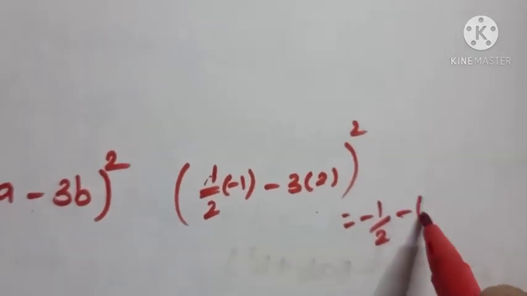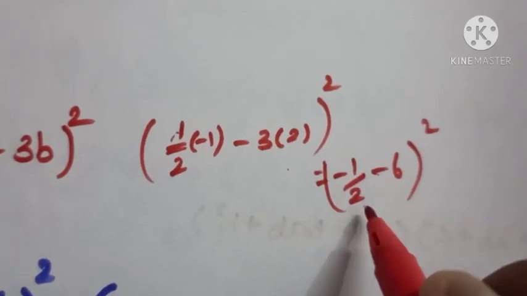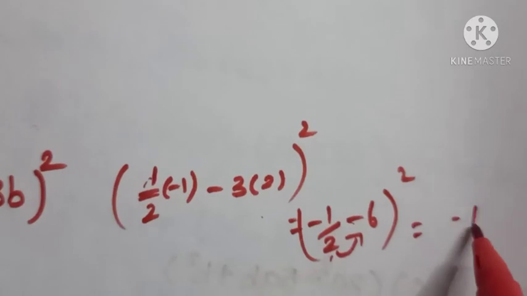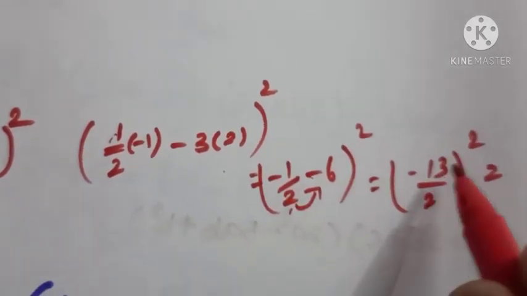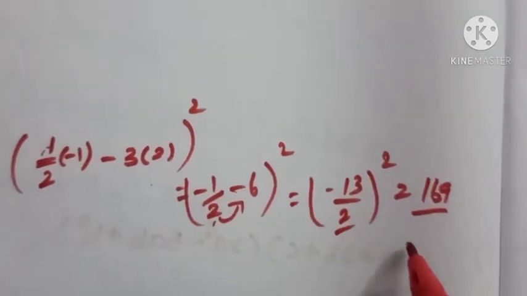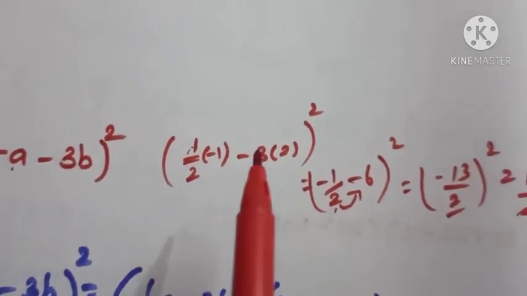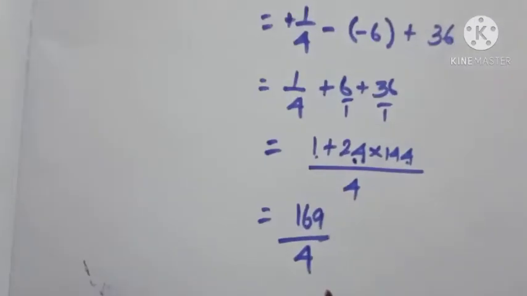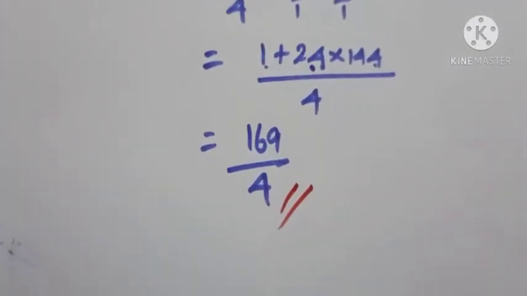Okay, that is minus 6, and then whole square. So if we take the cross multiplication, 12. So minus 12 minus 1, it becomes minus 13 by 2 whole square. So what is the value of 13 square? It is 169, and if you square the value of 2, you get 4. So without the product, directly we substitute the values of a and b, you get 169 by 4. After the product, we get the same answer, 169 by 4.